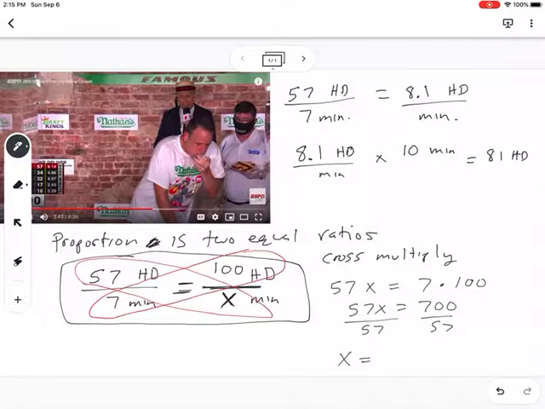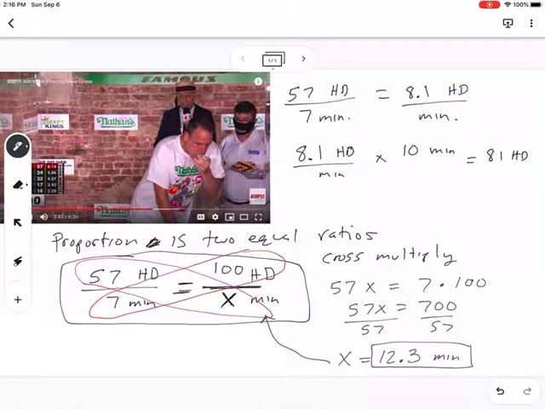And we're going to end up with x equals, go over to my calculator, 700 divided by 57. And I get 12.3 after I round. And the final thing to say is, go back up here, x stood for minutes, so it's 12.3 minutes. And that's how I got the answer.